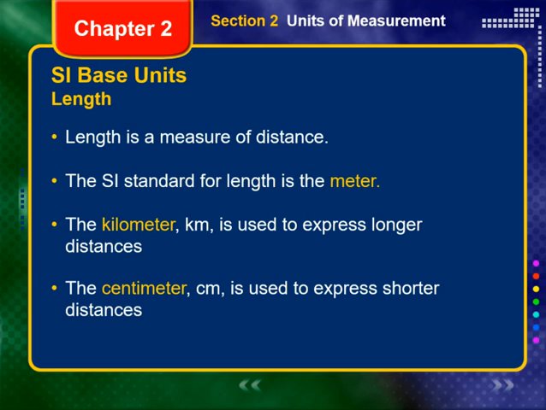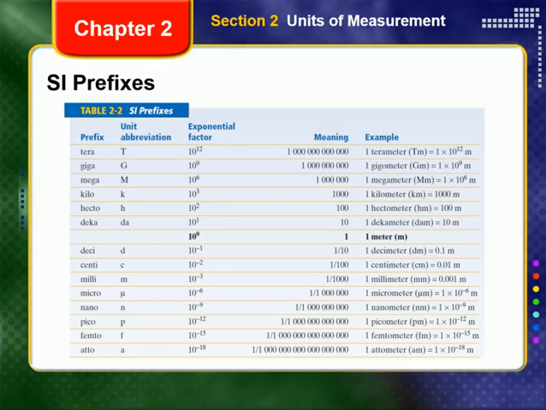The kilometer is the unit used to express highway distances in most other countries of the world. To express shorter distances, the centimeter is often used. From Table 2-2, which is also found on page 35 of your text, you can see that 1 centimeter equals 1/100th of a meter. The width of your textbook for this course is just over 20 centimeters.